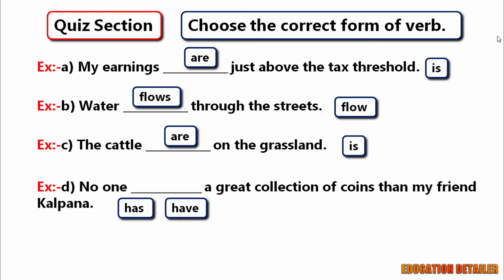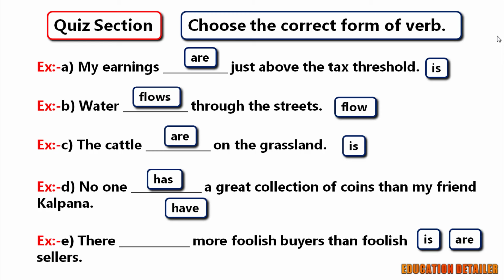Fourth one. No one has a greater collection of coins than my friend Kalpana. Fifth and the last one. There are more foolish buyers than foolish sellers.